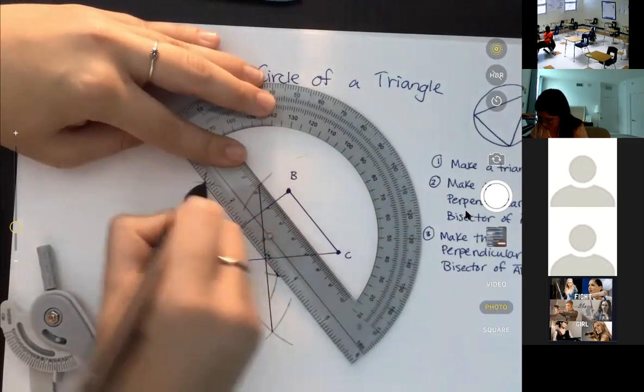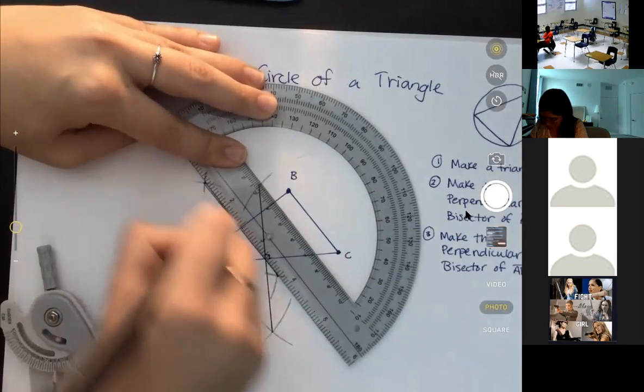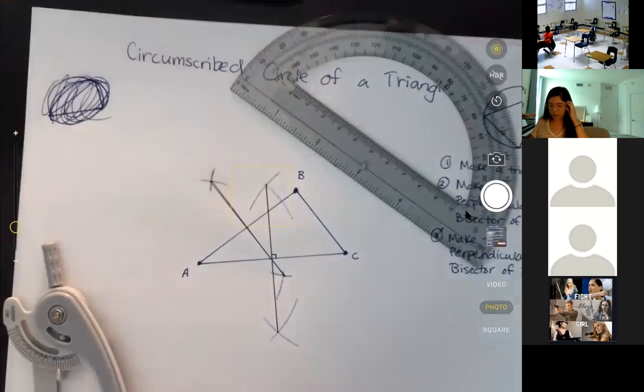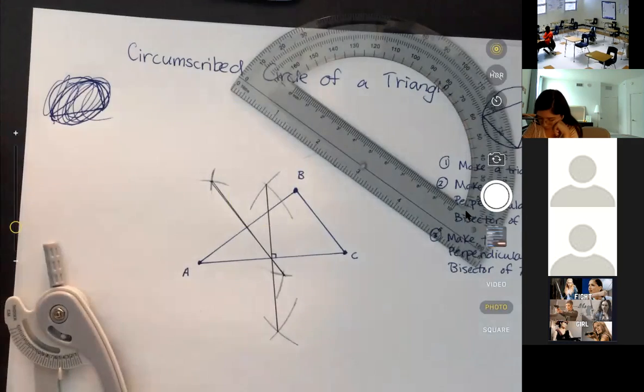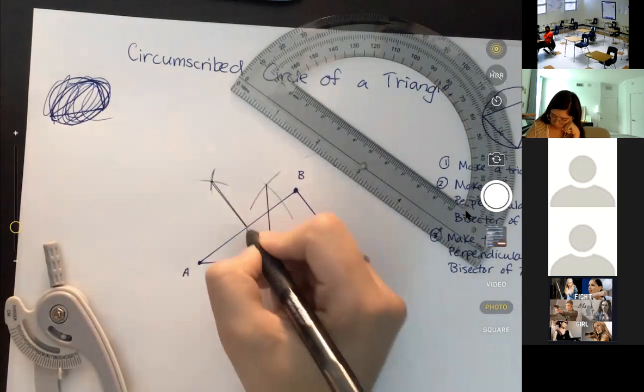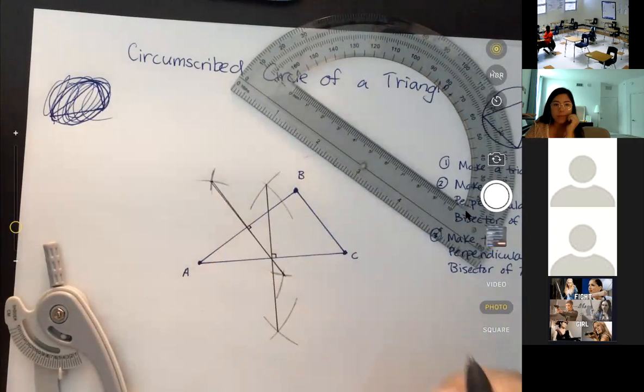Well, that was a little bit off. I'm trying to be perfect. There we go. Okay. Question so far? No. Okay, that's my perpendicular bisector.